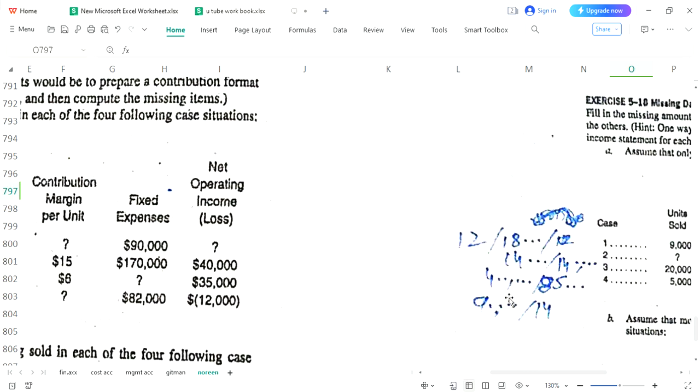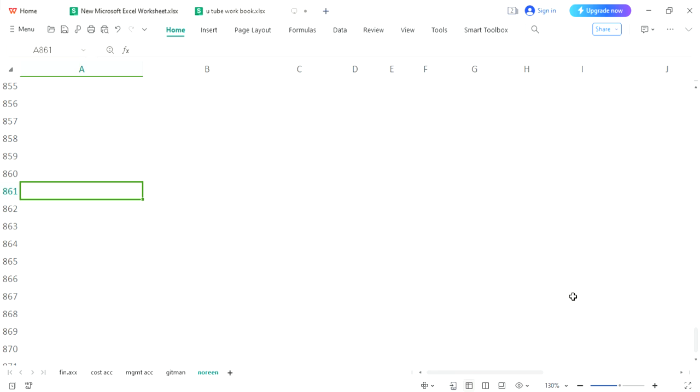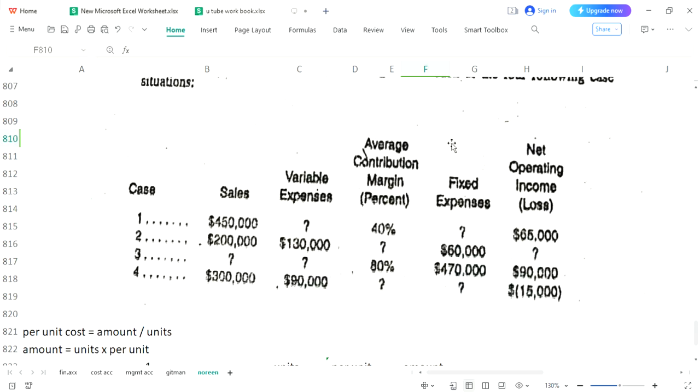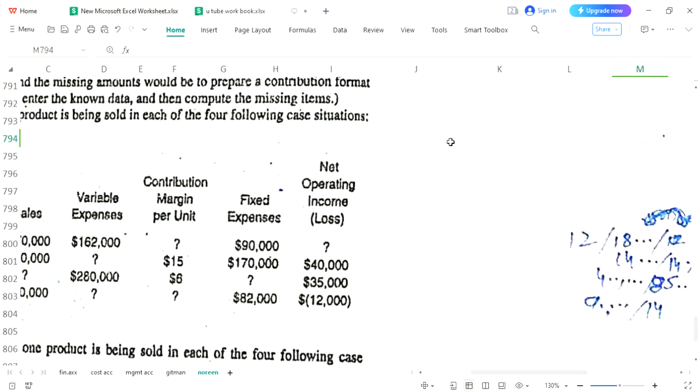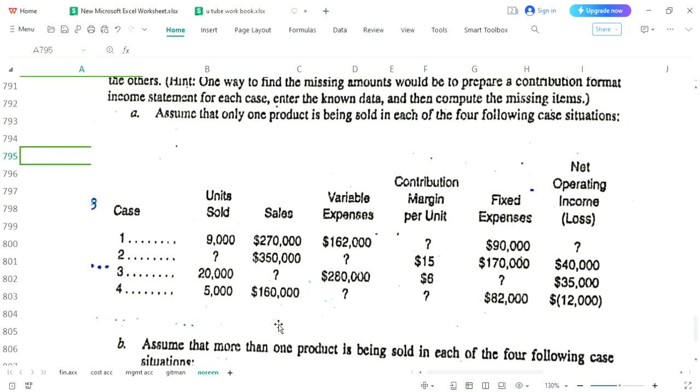So both answers, 4 lakh and 85,000, have now been calculated and matched. Third part is completed. Now we will be focusing on our fourth part.